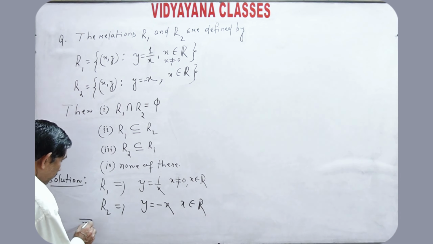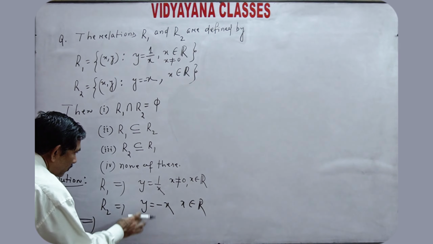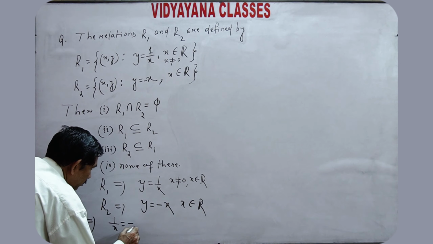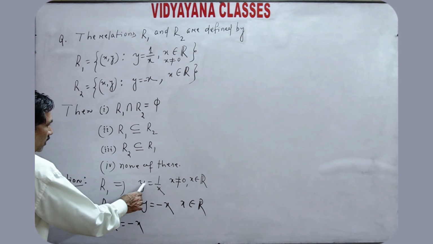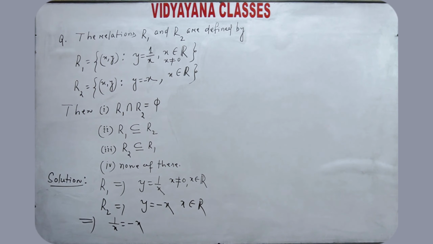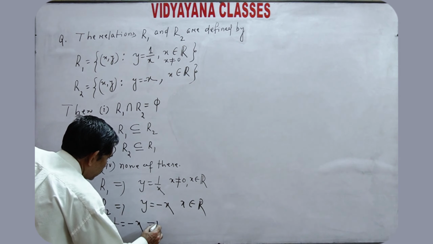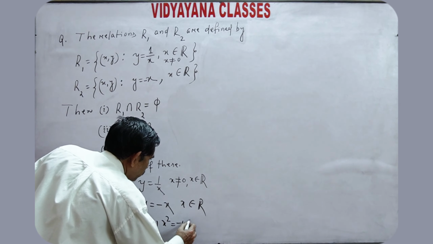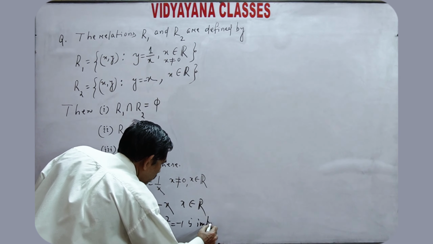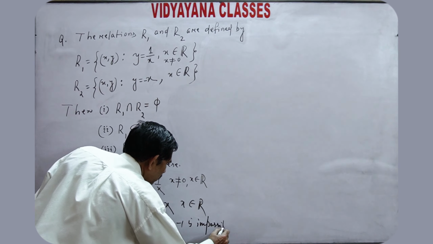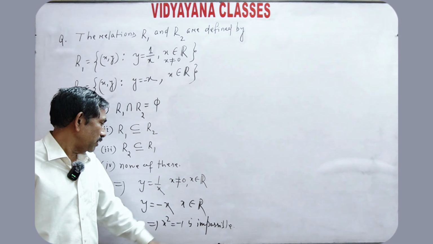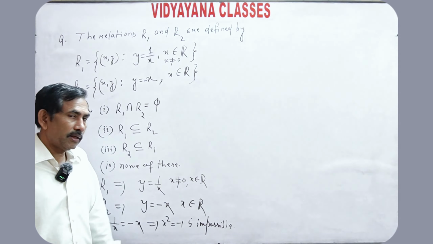Which implies y is equal to 1 by x, y is equal to minus x, so 1 by x is equal to minus x. That implies x square is equal to minus 1, which is impossible. x square is never negative.